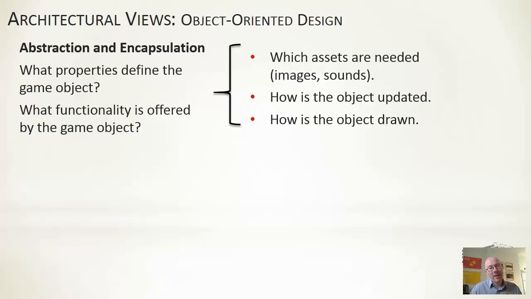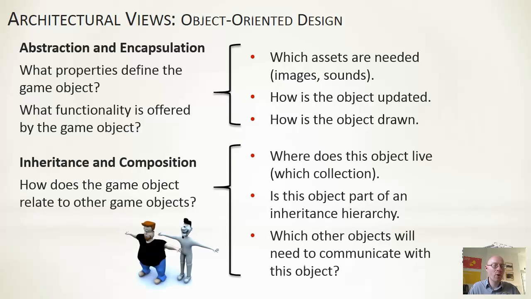Alongside thinking about what defines an object, we also want to think about, well, how are these objects related to other objects, either through inheritance or through other aspects like composition. So in other words, if I have my health pickup, where does it live? Is it part of a collection? Do I group it together with the other health pickups? Is it just part of the level?